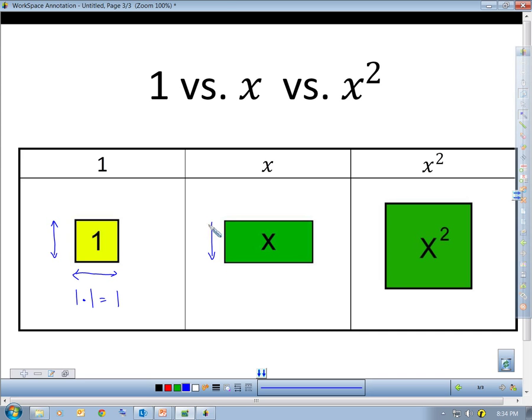Its height is 1, its width is x, and 1 times x makes x. Now take a look at the next picture here. With an x squared, the x squared has a height of x and a width of x, and x times x makes x to the second power.